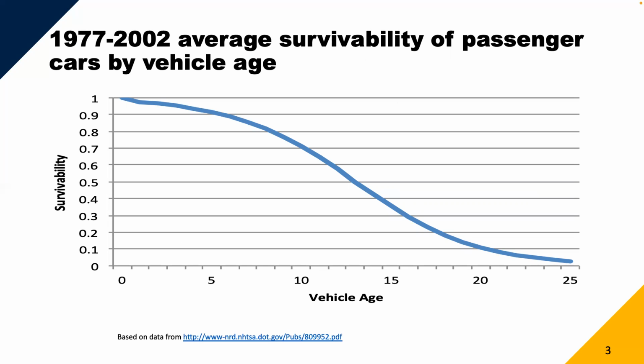At 50%, this is about 12-ish years. At 50%, it takes about 12 years for that to happen, which means the half-life is equal to 12 in this particular case. So that's how you would estimate that parameter.